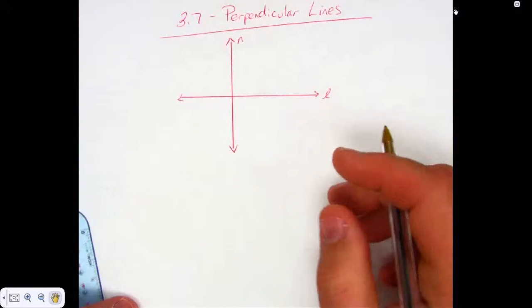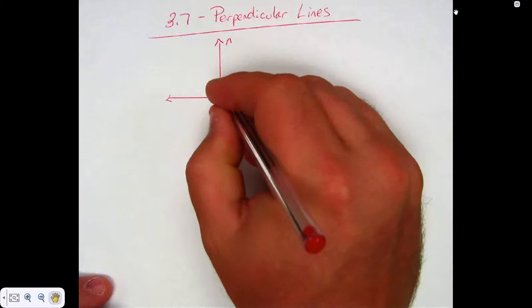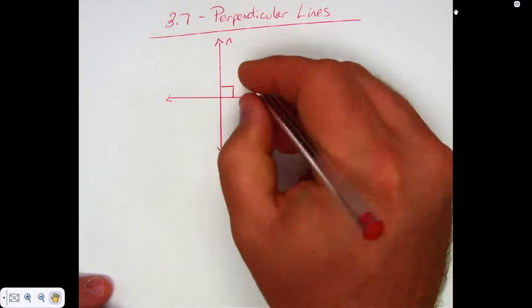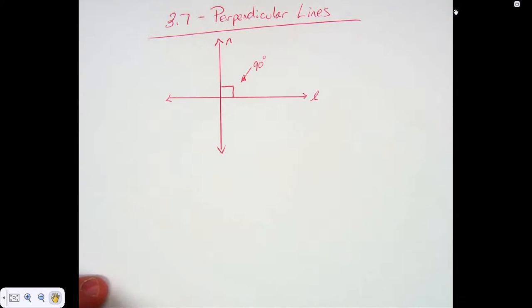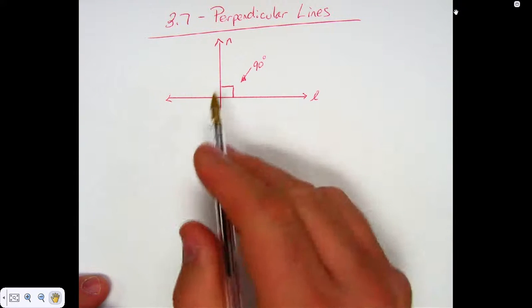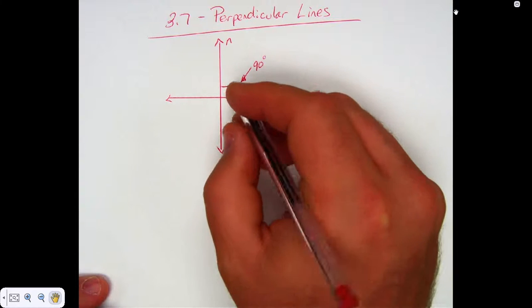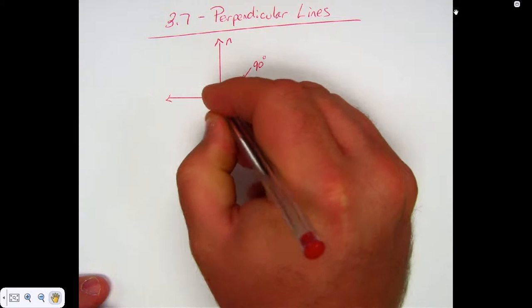Now, what that means in geometry is that when they intersect, they form a special kind of angle, which is what? Which is how many degrees? 90. So when two lines are perpendicular, how many 90-degree angles are formed? 4. This one's 90, this one's 90, and this one's 90.